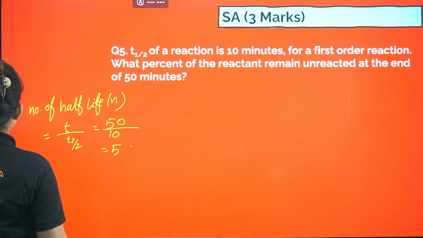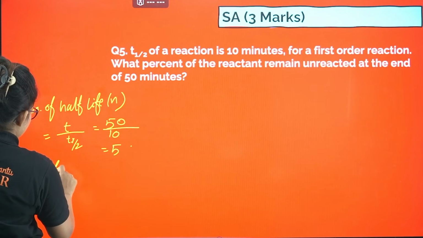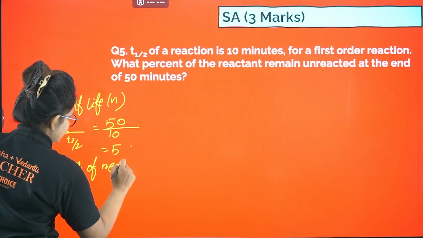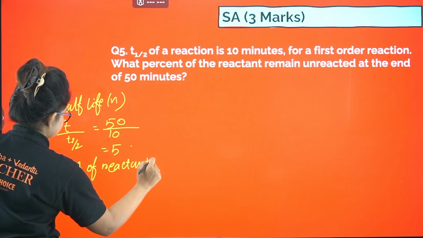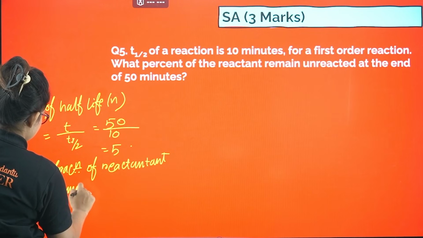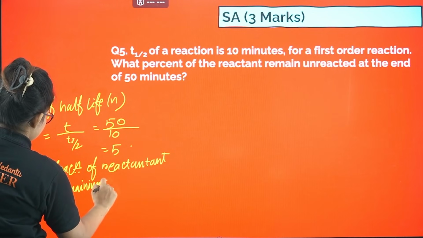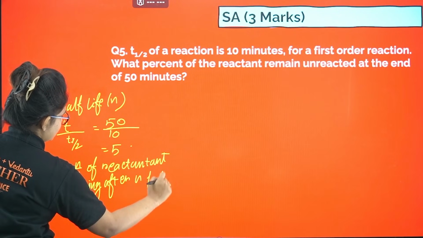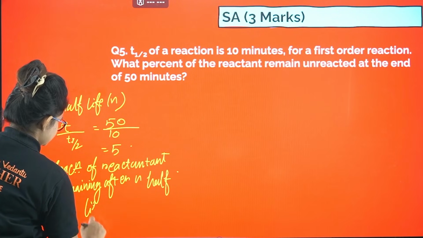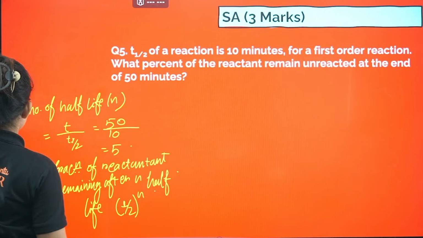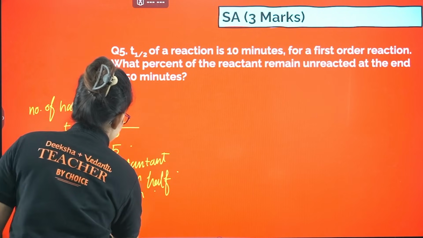Okay, now fraction of the reactant remaining after n half-lives, there is a formula, it's going to be half power n, right? Half power n, remember this.